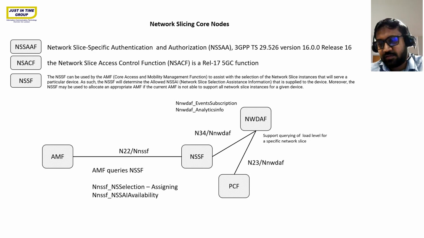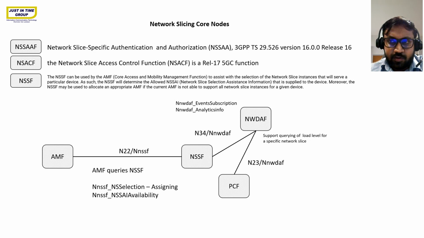The main function is the network slice selection function, mainly used for network slice selection and AMF selection. Let's say an AMF wants to know about the allowed network slices, allowed NSSAIs, then you can get that information from the network slice selection function.